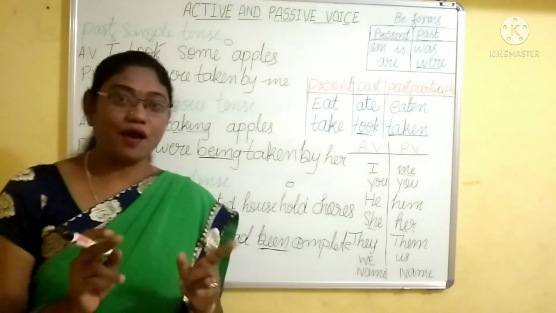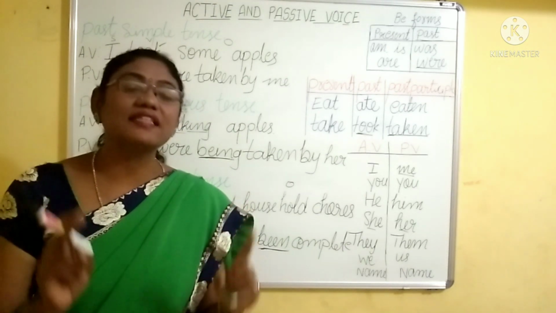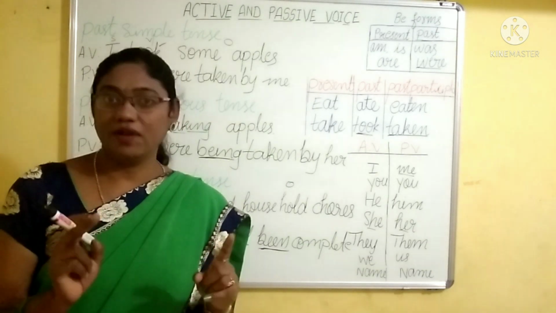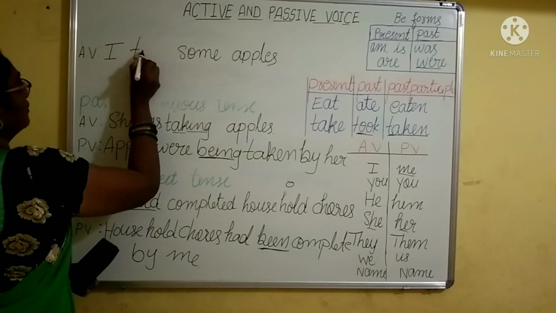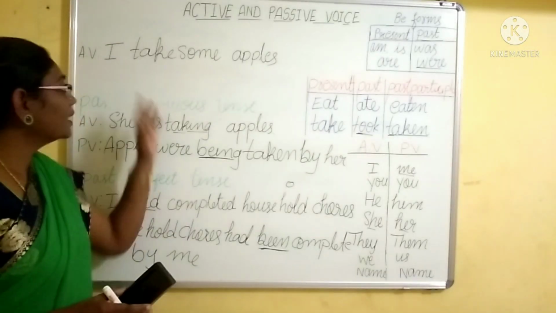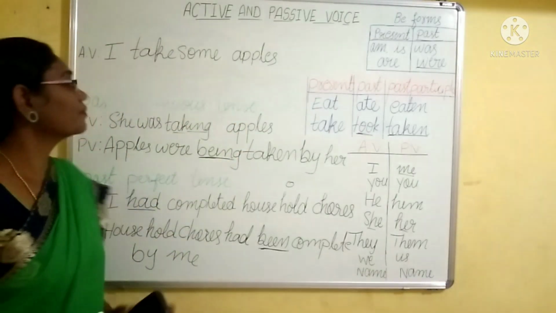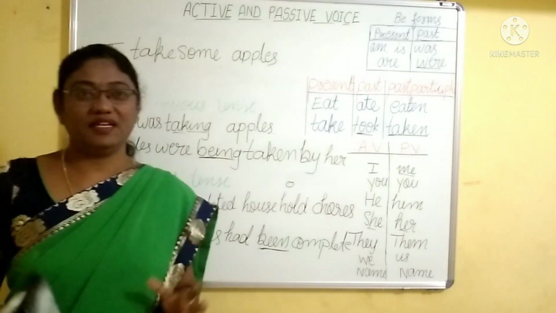Okay children, now I will tell you the easiest method for slow learners. I take some apples. The sentence is in simple present. You need not scratch your head too much.